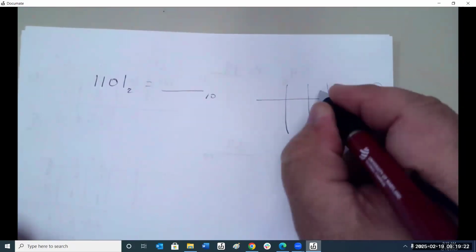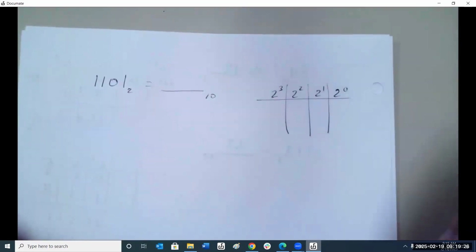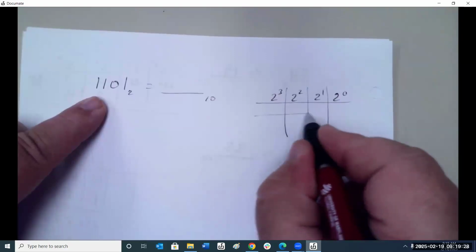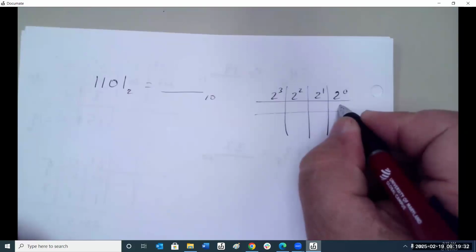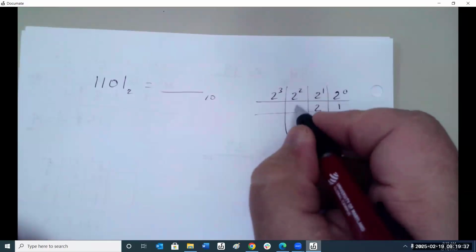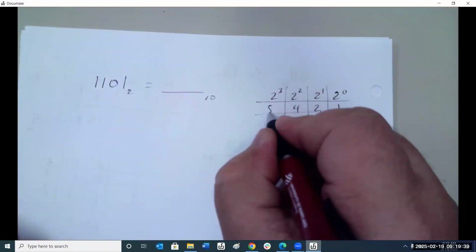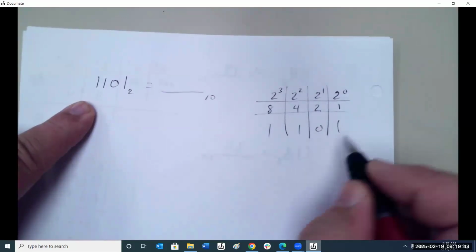So it's 2 to the 0, 2 to the 1, 2 to the second, 2 to the third. 2 to the 0 is what value? 1. 2 to the first, 2. 2 to the second, 4. 2 to the third, 8. So now I've got to put 1101 inside there.